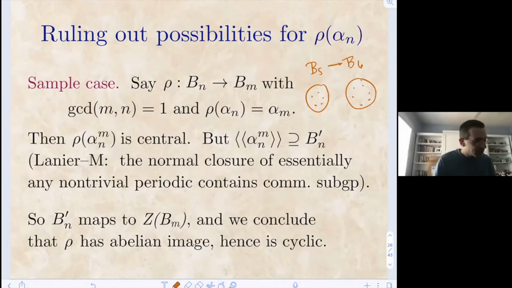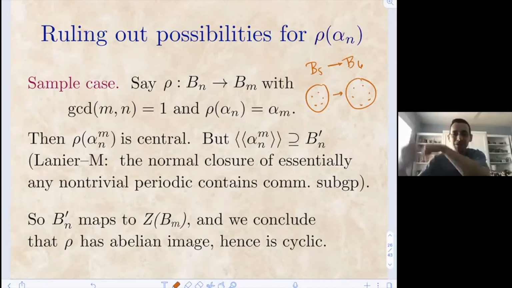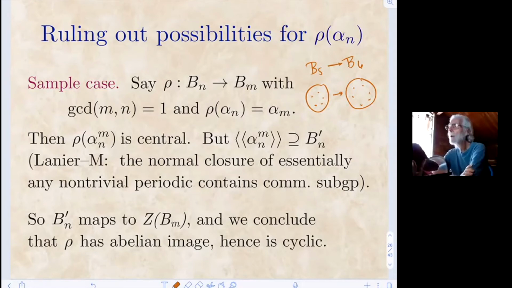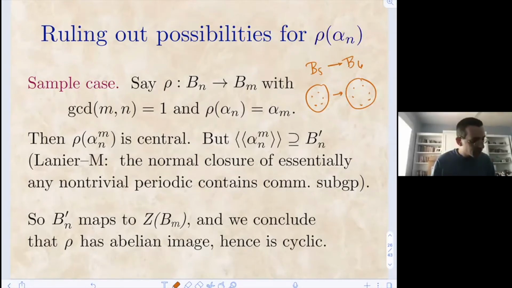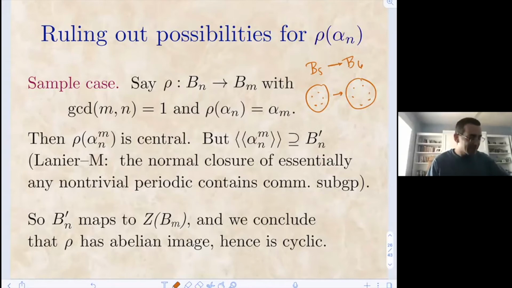Okay, so here's the idea. If this were to happen, so we're assuming that the rotation of order 5 goes to the rotation of order 6, well then some power of the image would be central. Okay, but the normal closure, so this is a key fact, which I won't be able to prove today, the normal closure of any of these rotations contains the commutator subgroup of the braid group.